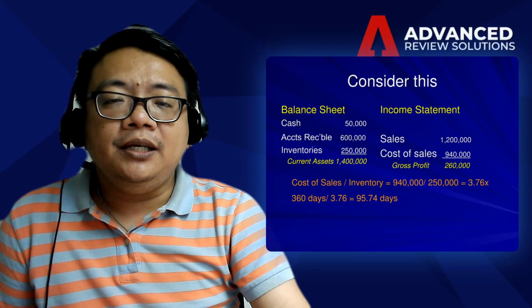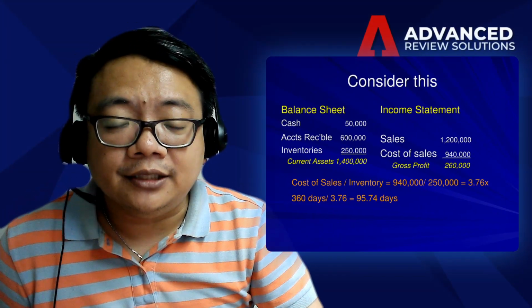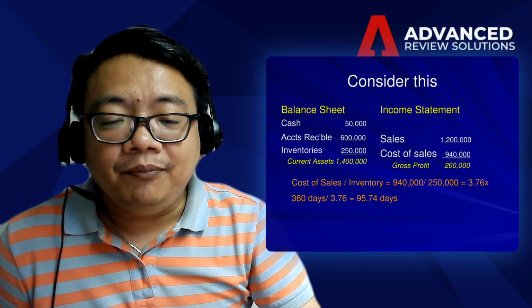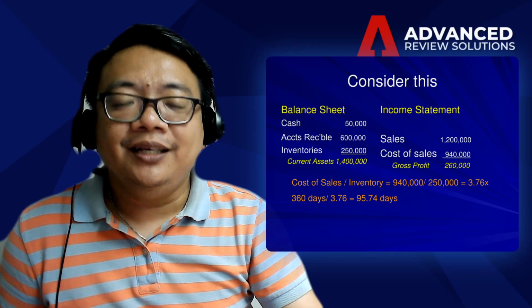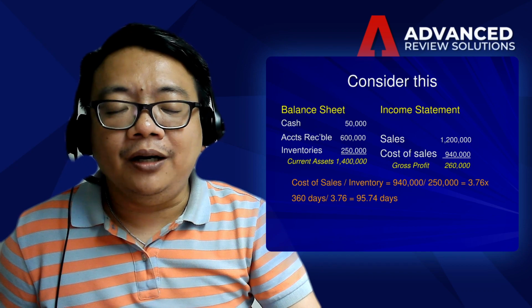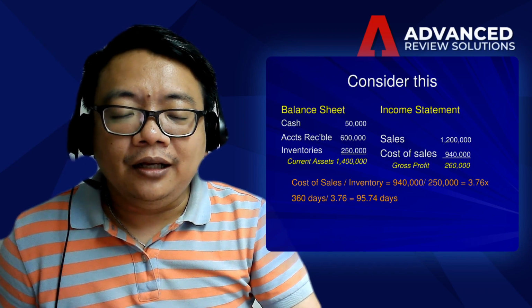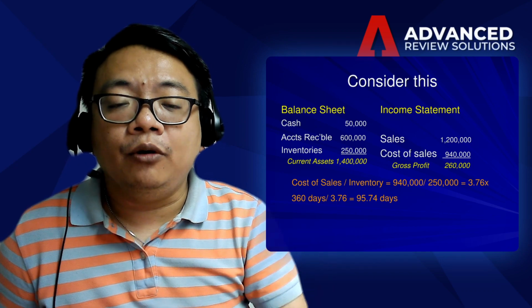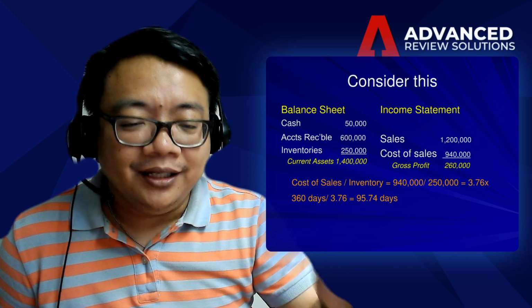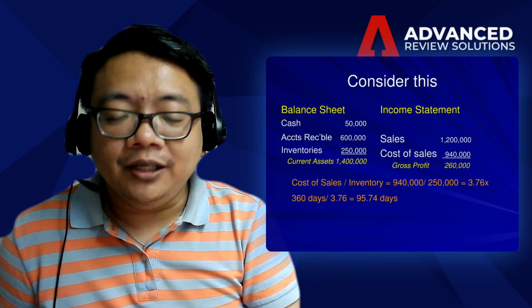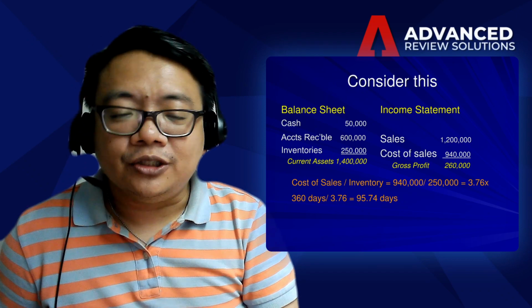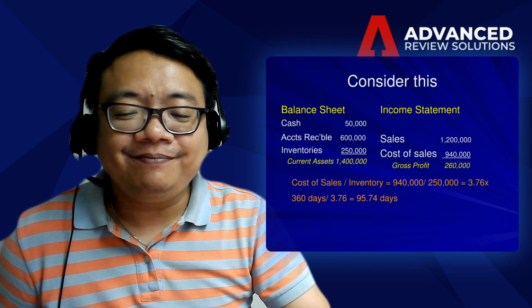Ano ba ang ibig sabihin ng 95.74 days? Meaning, that's the time wherein your inventory will be converted to sales. Sa Tagalog, yan yung gaano karaming araw na mabebenta mo ang inventory mo sa sales. Napakatagal, di ba? 95.74 days. It takes almost 3 to 4 months.